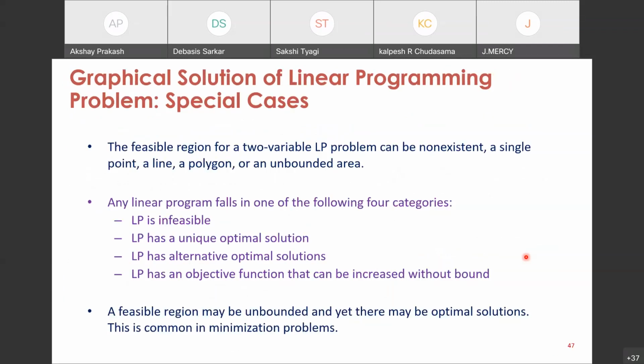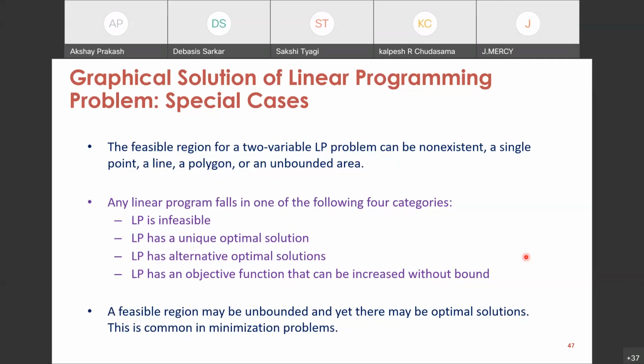Now let us consider one or two special cases before I move on to showing you the MATLAB application for linear programming problems. What we have seen is that the axes and the inequality constraints together constitute a feasible region, and my solution will lie within this feasible region.